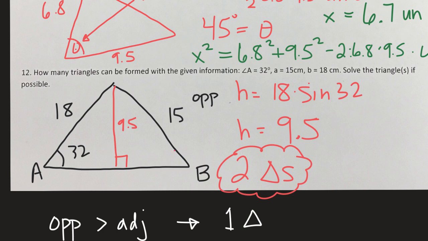The first triangle is this acute triangle, or rather acute angle B, which we will solve using the law of sines. Right, because we have angle side side, and we can find angle C by doing geometry, and we can find side C by once again doing the law of sines. So let's do that. I'm going to pause the video and do all that work and come back and show it to you.